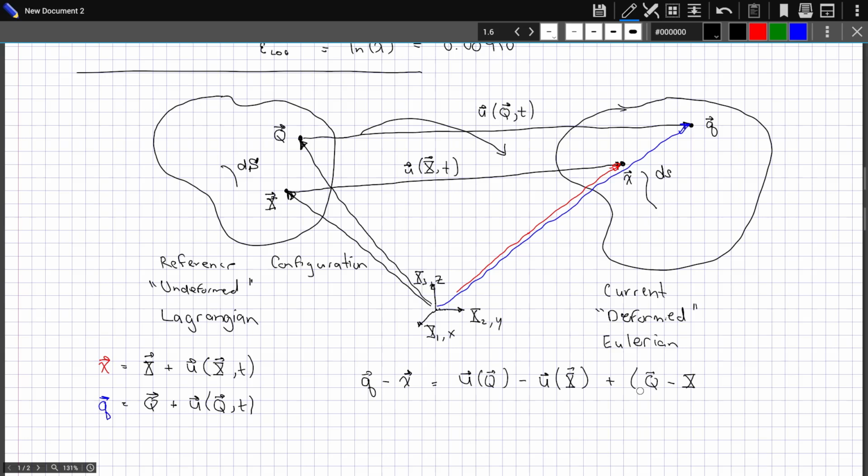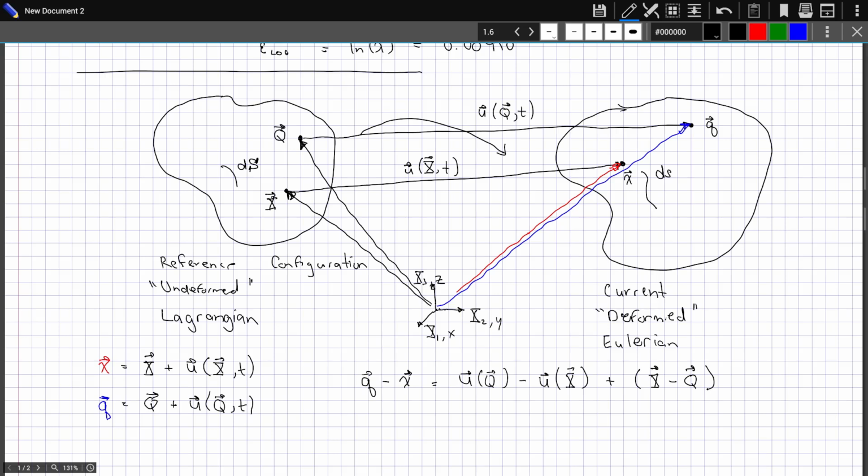It's actually the other way. Let's see. Should we go the other way? Yeah, you're right.